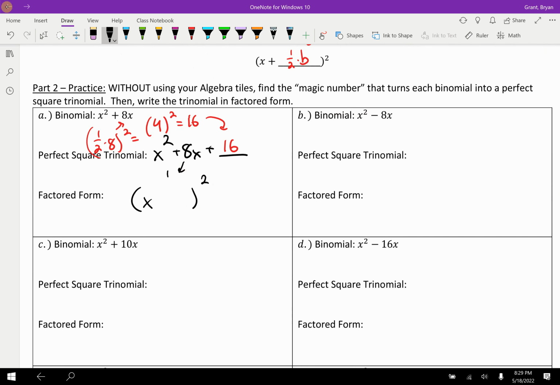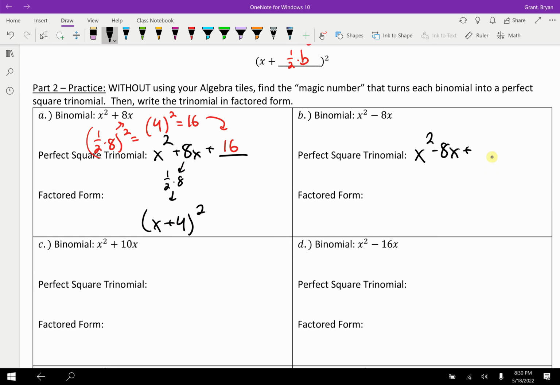We just need to take half of b, which is 4. And so my factored form is x plus 4 squared. If you multiply this out, you'll see that there's an x squared, there's 8 x's and 16 at the end, but isn't it quite a bit faster just to realize you can just do half of b and get there for the answer? So let's try the next couple a little bit faster.